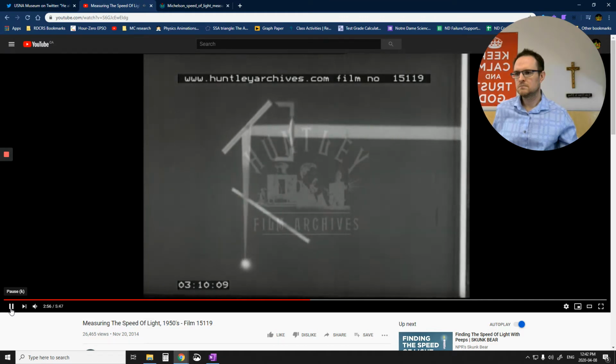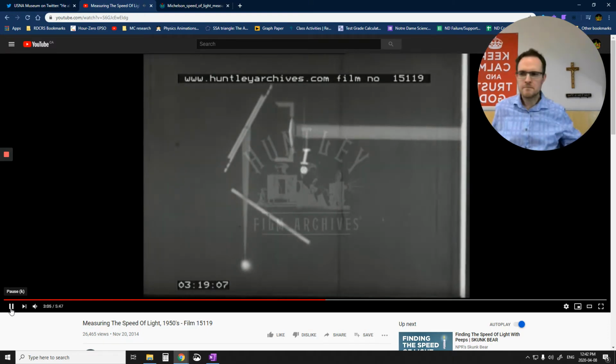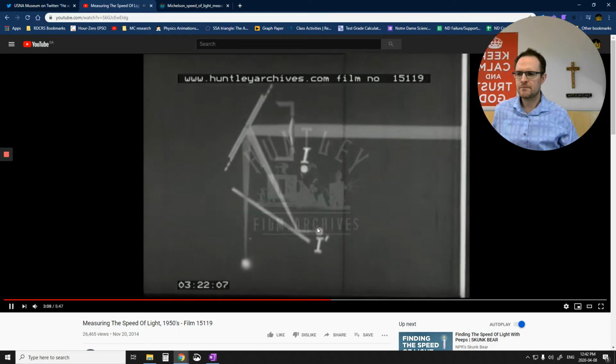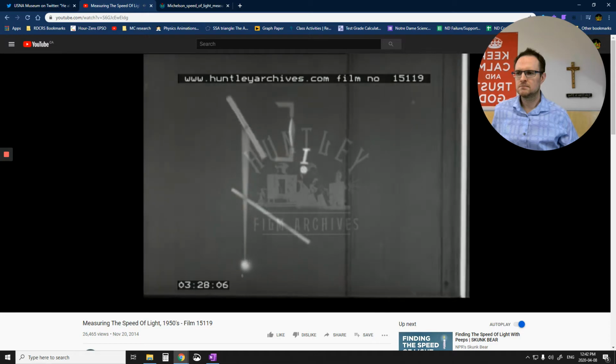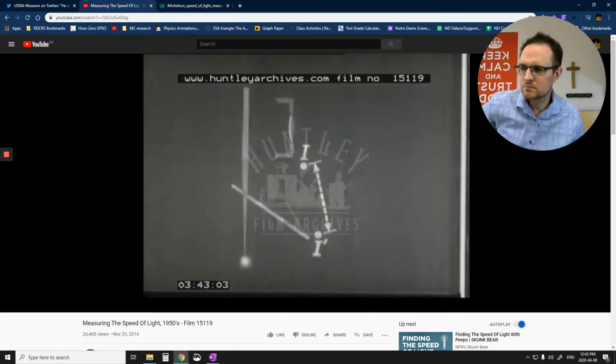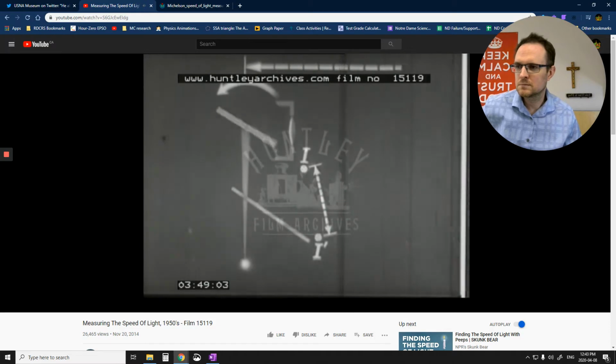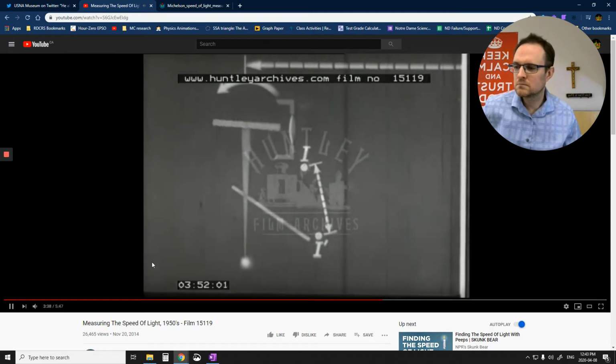There, the reflected light forms an image, I. However, if the mirror has rotated to this position while the light goes to the distant mirror and back, an image I prime is formed at a position displaced from I. Thus, the rotating mirror breaks up the light into wave trains, which on their return form a new image, I prime. The displacement I prime, along with the rotational speed of the revolving mirror and the distance between the mirrors, provides the means for calculating the speed of light.